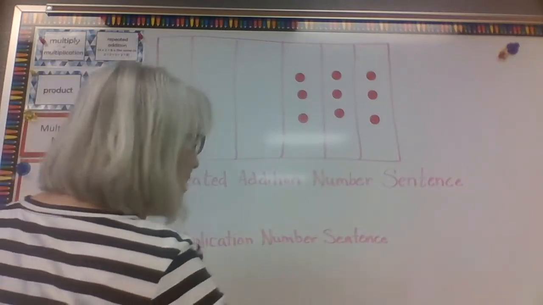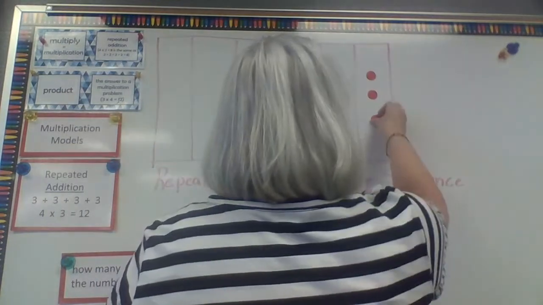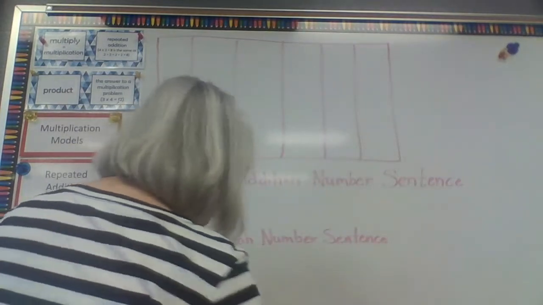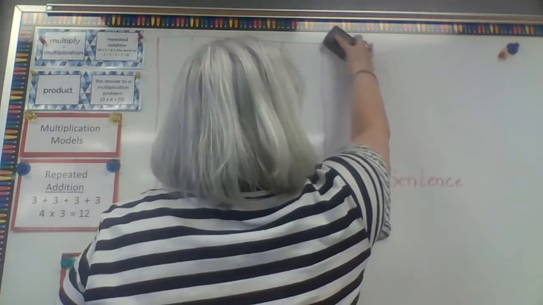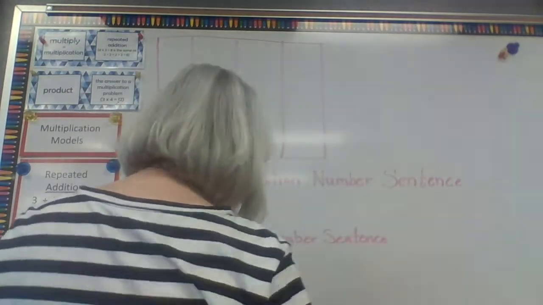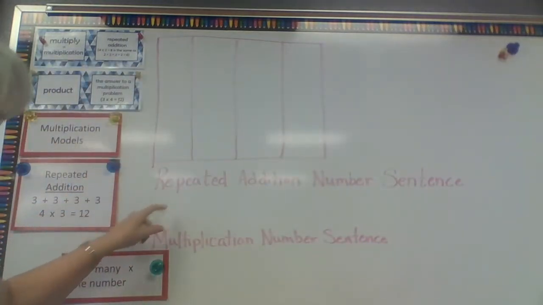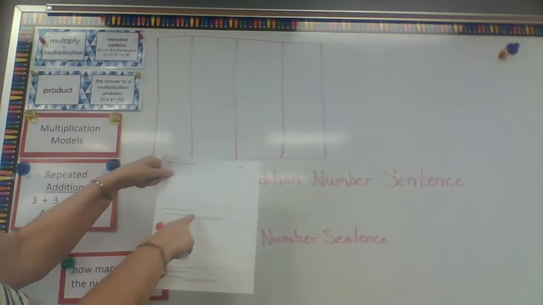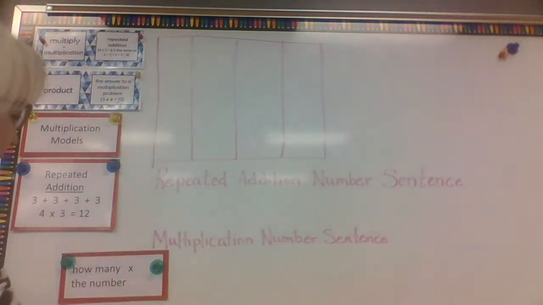So that means after I take these off, I am going to have 4 rectangles. 1, 2, 3, 4. So I'm going to take away these. This should be what your paper looks like. You have the rectangles, the space to write your repeated addition number sentence, and to write your multiplication number sentence. I'm just doing it up here.